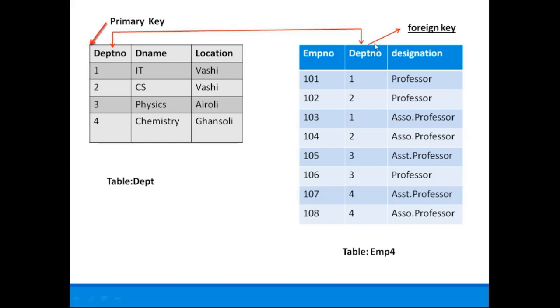So that is called a foreign key, but after making it a foreign key, it is not necessary that the department number should be a primary key here. That means the department number column here can have duplicate values. But in the department table, it is a primary key. So with the department number column, we can interconnect the department and employee 4 tables.